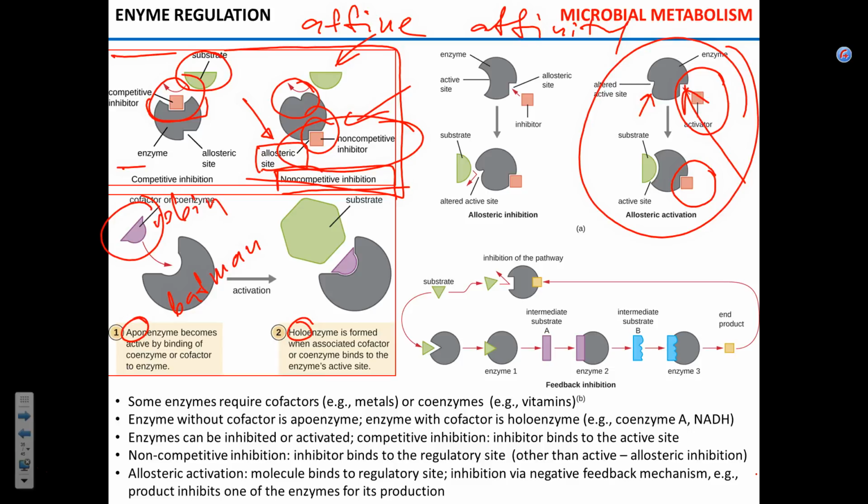In order to do the function, the apo enzyme and cofactor have to come together to form a functional holo enzyme. You can have a mnemonic rule here: holo is whole, like the whole thing.